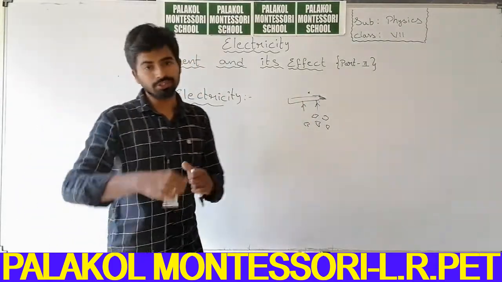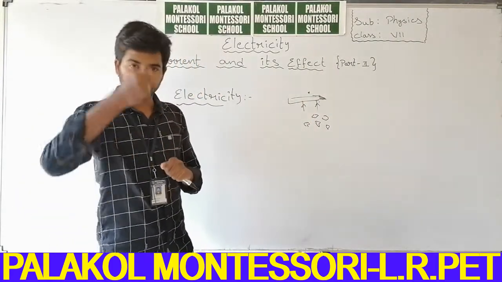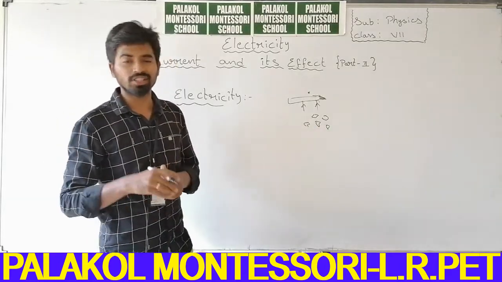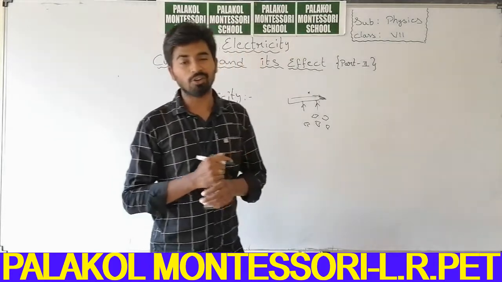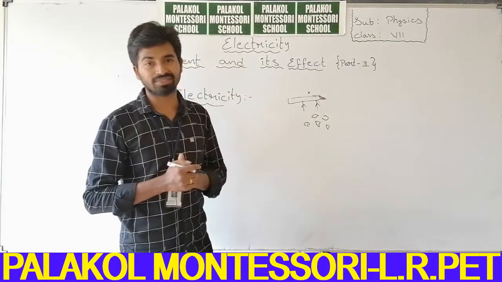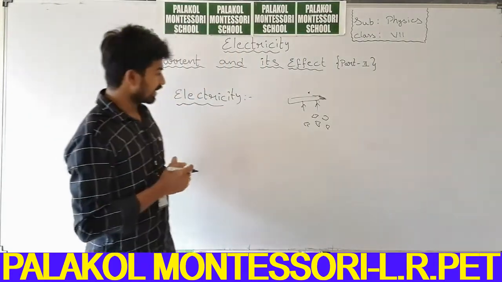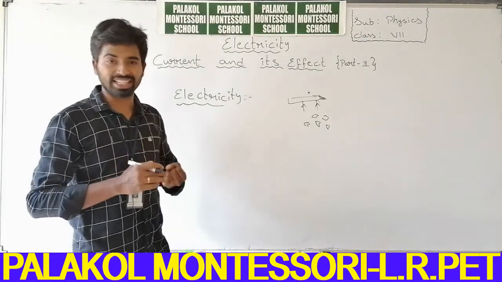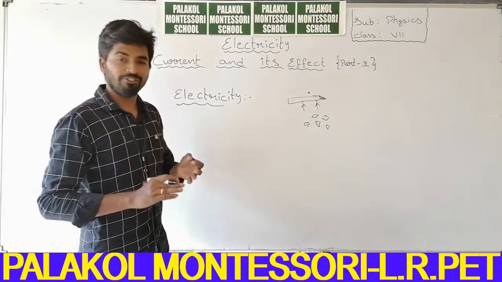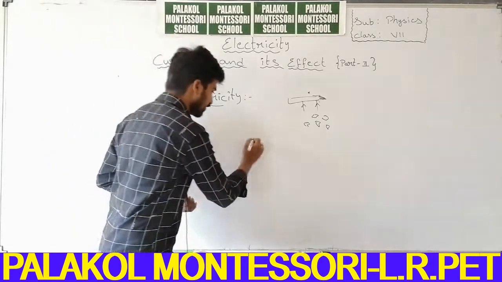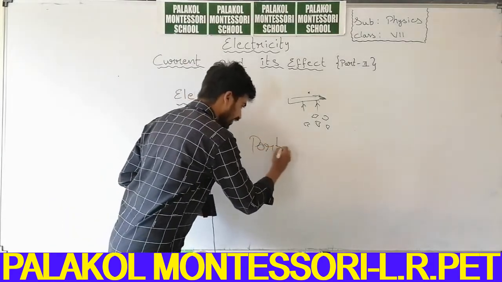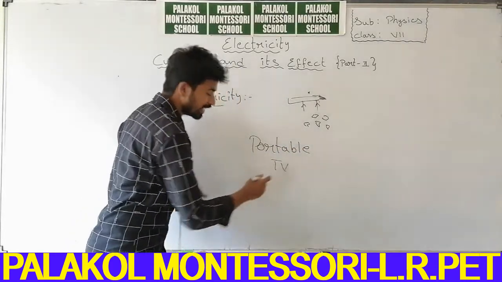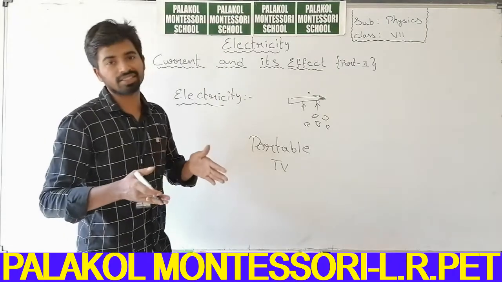Whenever you use your comb after combing your hair, the comb will attract some pieces of paper. What is the reason behind that? How can we explain this phenomenon? If you have an old portable TV, not an LED or LCD, which is larger in size, and you keep your hand near the screen of the TV, then your hair is attracted to the screen.